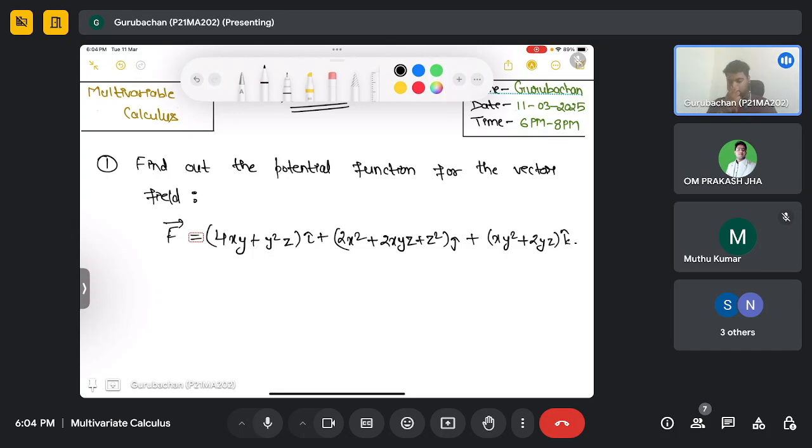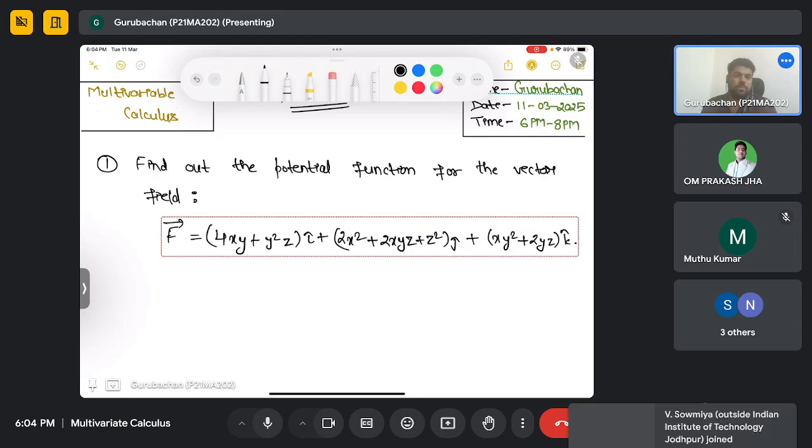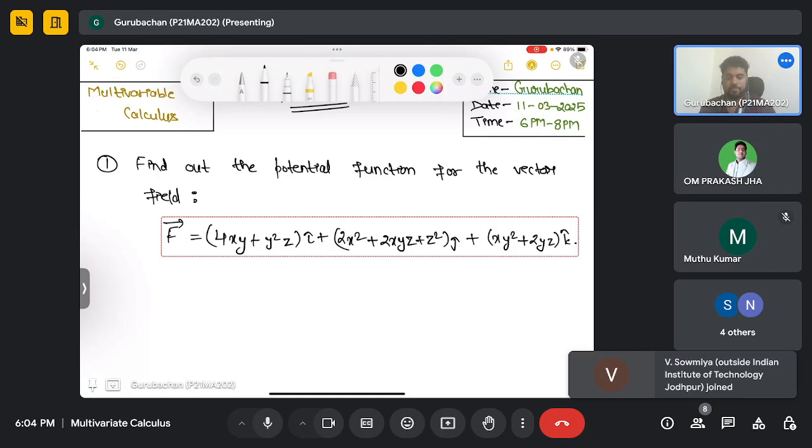So we have given our vector field F in the following way, and we have to find out the potential function corresponding to this particular vector field. Try this one.